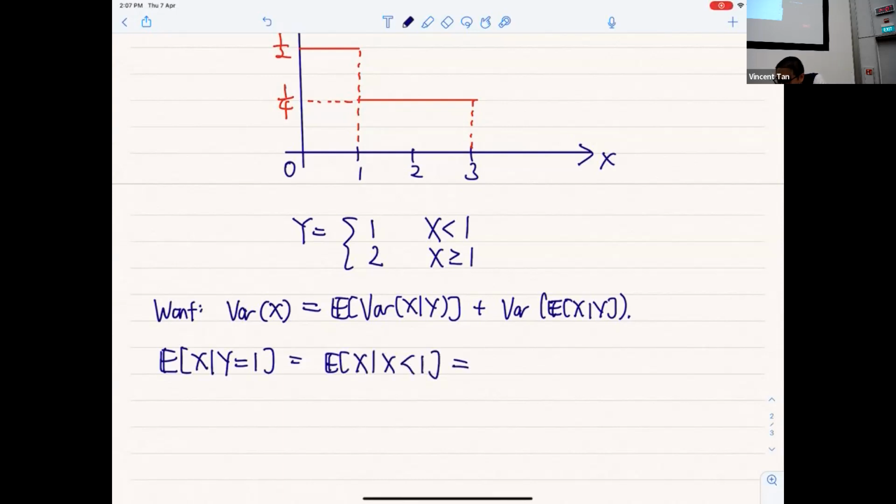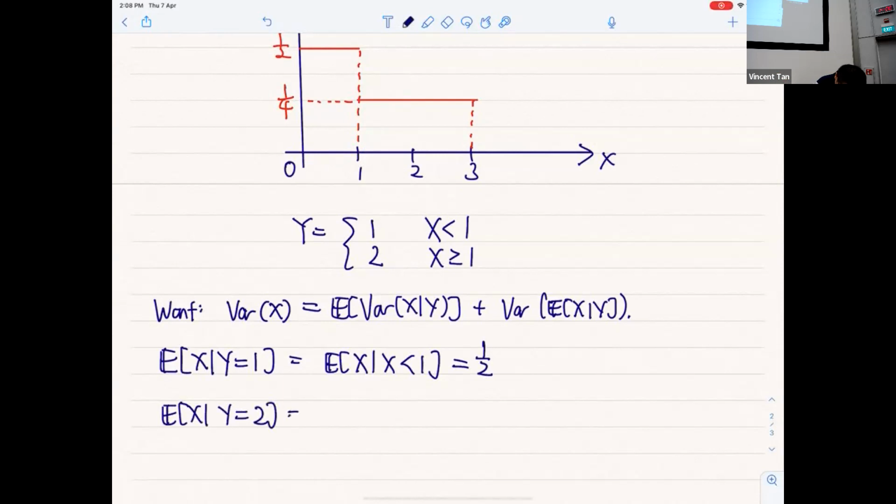Now, if I know that x is less than 1 from the picture, what is the expected value of x? How about Andrew? I know that x is between 0 and 1. What is his expectation? Okay, someone can help Andrew. How about? Thank you. Okay, half. Thank you very much.